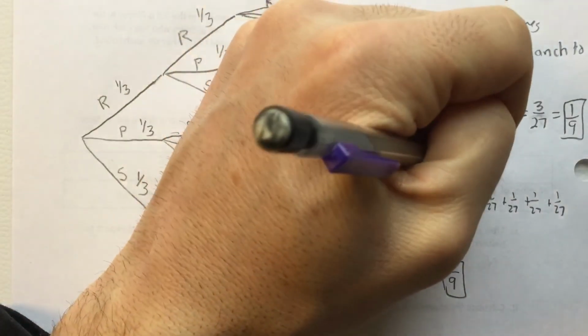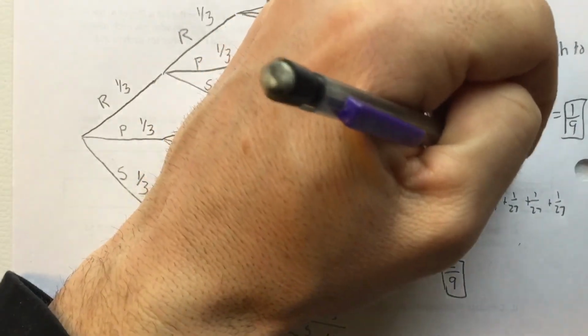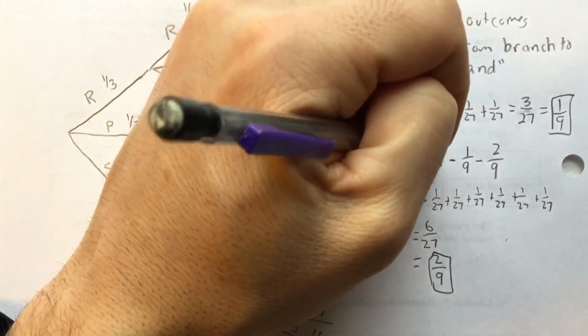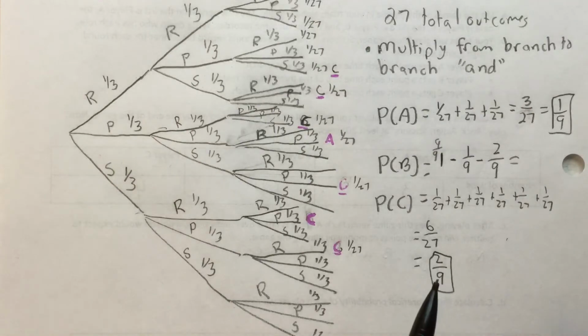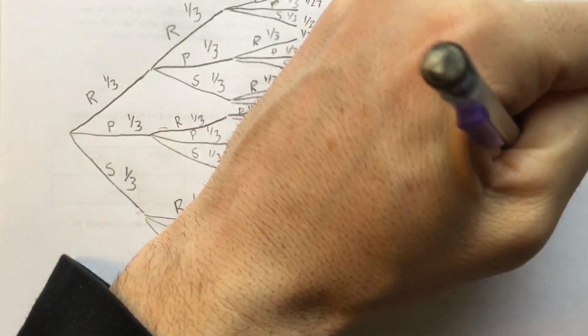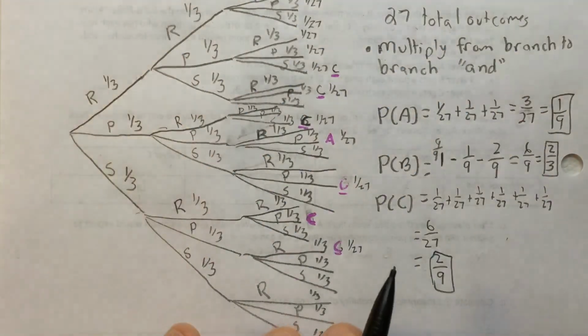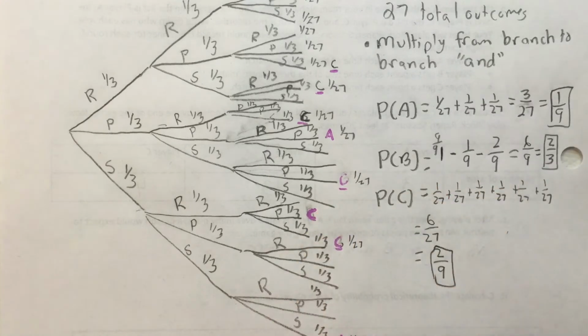In this case, 1 is 27 out of 27, and then subtract 1/9 and 2/9. And so this would be 9 out of 9, and so we'd have a probability here of 6/9 or 2/3. So the probability of B winning is 2/3, which is significantly higher, 6/9 compared to 1/9 and 2/9. That's why B won the most times. So again, this game is definitely not fair. If it was fair, they'd all have an equal probability of winning.